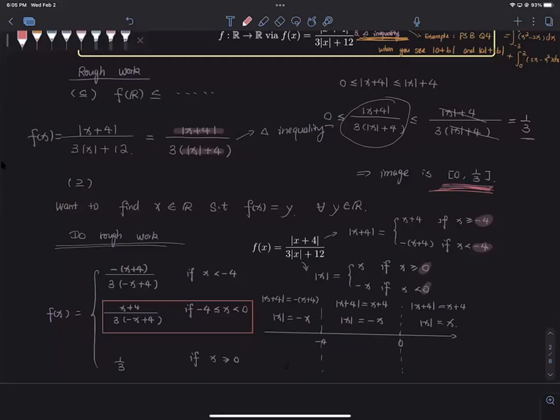So you should find that our y is in between this. So we know that when x is 0, f of 0 is 1/3. When x is -4, what is my f of -4? Someone calculate it.